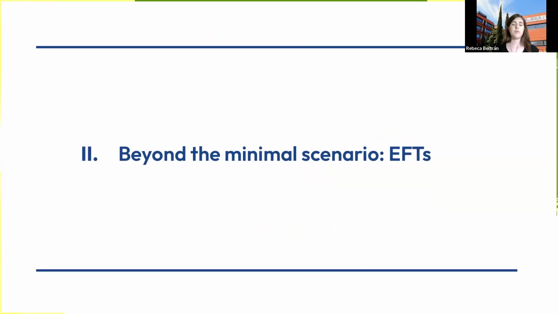So far we have discussed this minimal scenario where the only new physics beyond the standard model involves these heavy neutral leptons with non-zero couplings to standard model neutrinos. However, it is uncertain if this scenario is realistic, right?